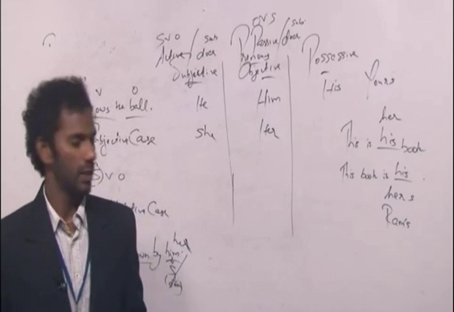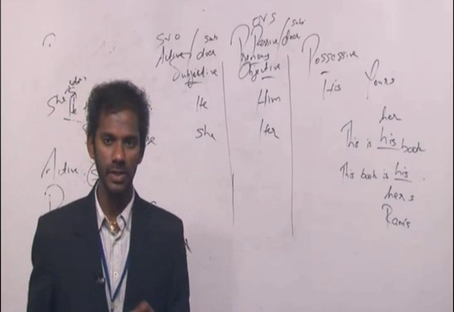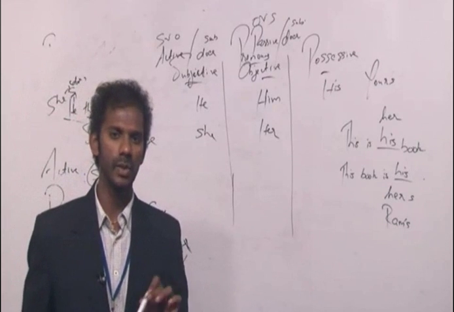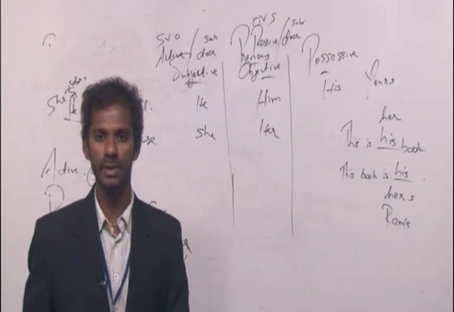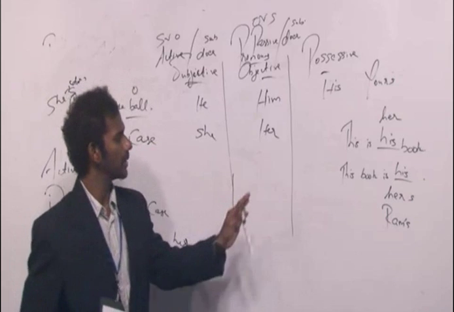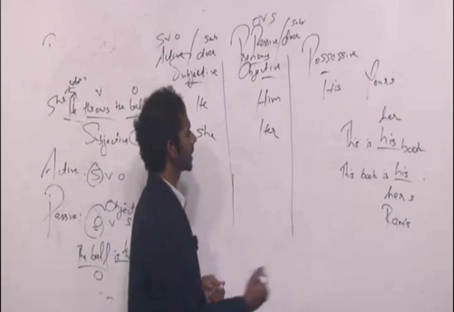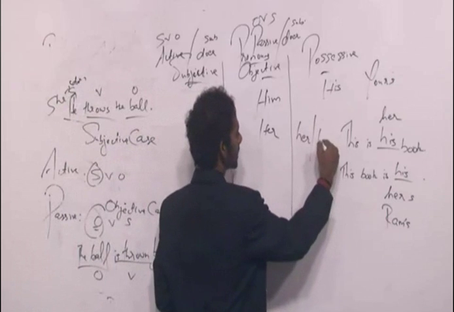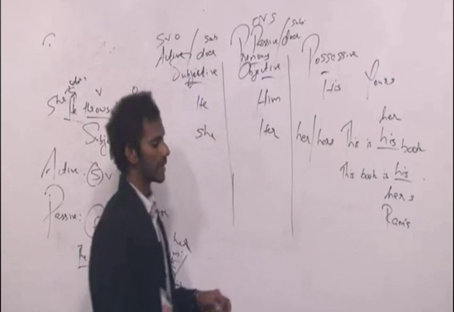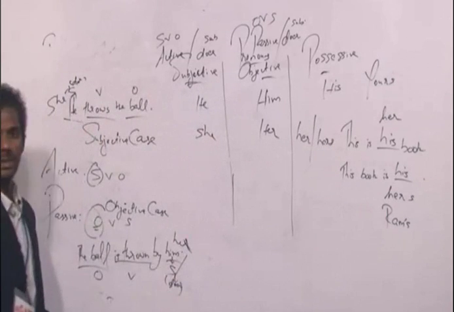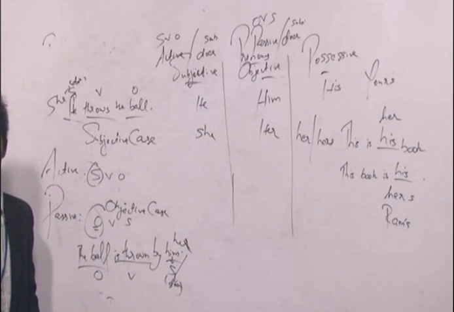That is the rule. So this is her book, this book is hers. So I can say "her" and "hers," no apostrophe. Her and hers are possessive forms.